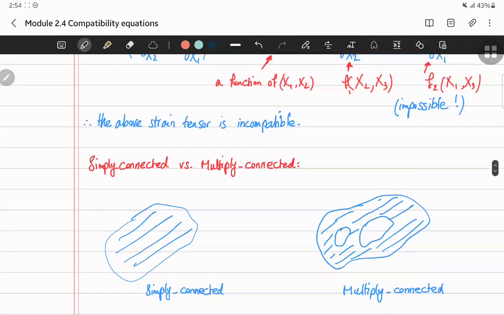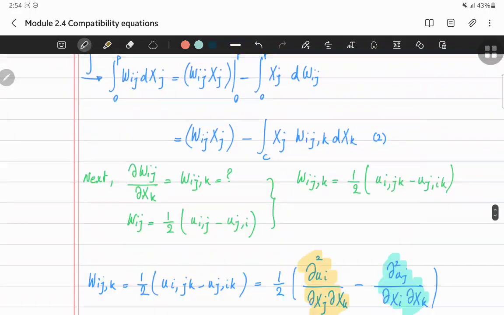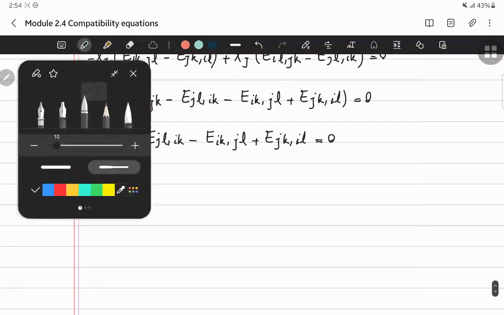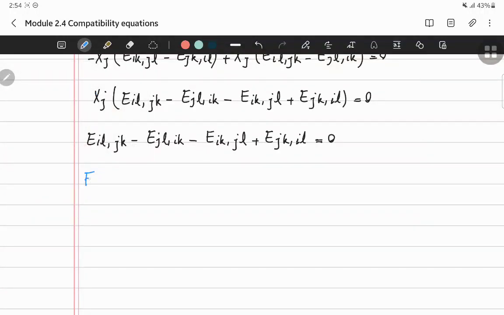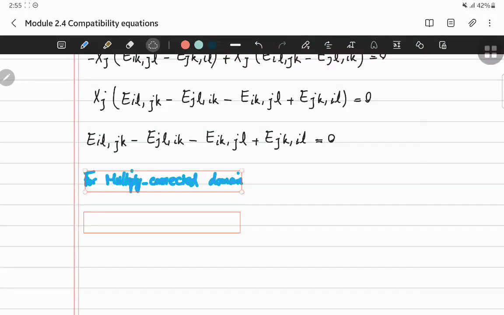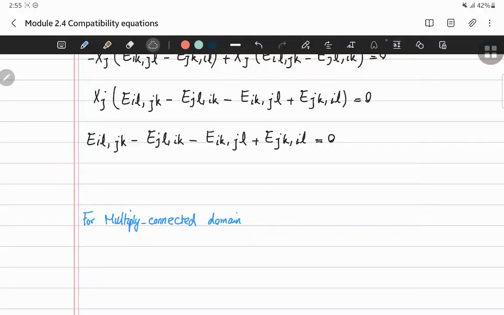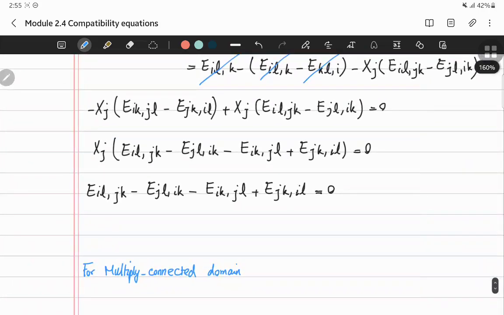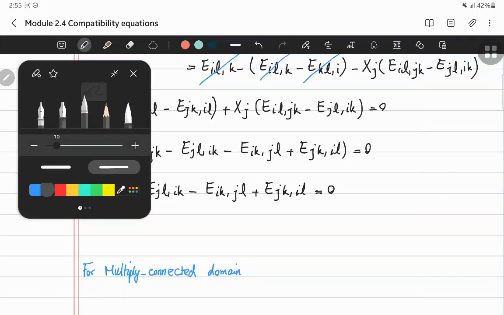So now we're going to get to the multiply connected domain. For multiply connected domain, let me just bring it down a bit and draw, sorry, and draw a line in here.